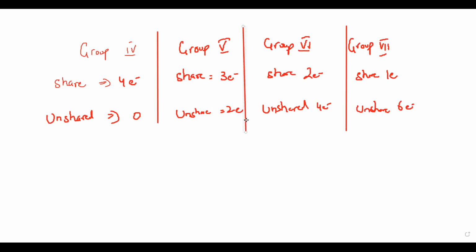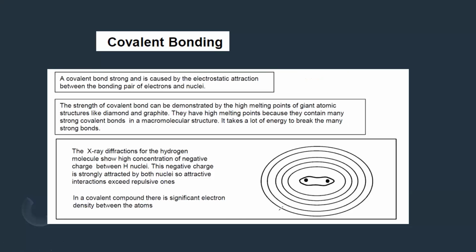Now, what is the experimental evidence that there is a covalent bond, or a sharing of electrons between the atoms? When we carry out X-ray diffraction of hydrogen, meaning we have hydrogen gas, we are passing X-rays through a sample of hydrogen molecules.